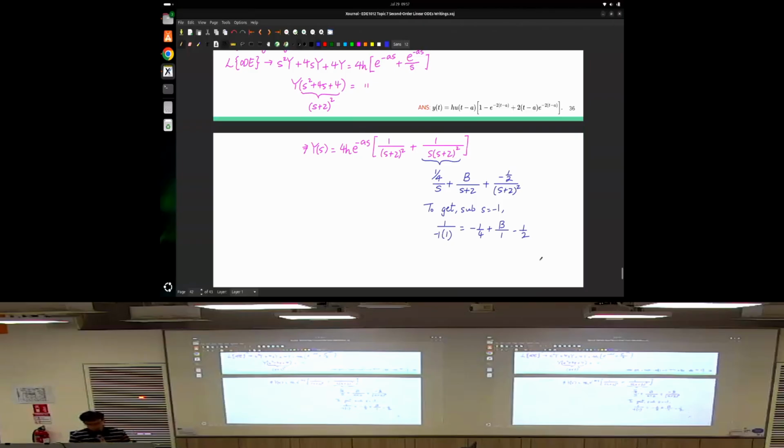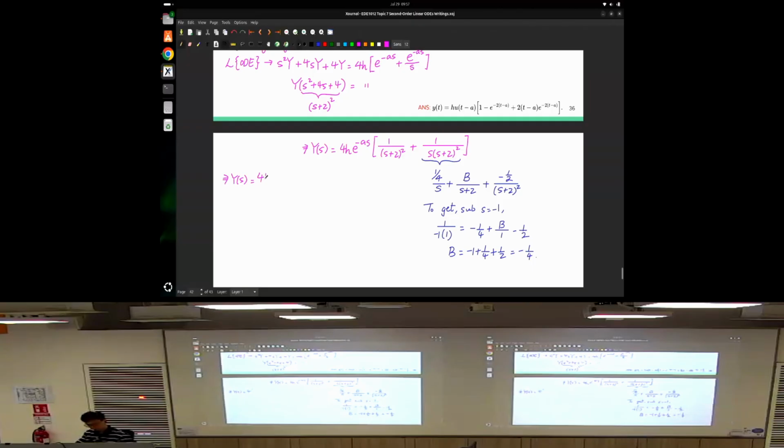Basically you can solve for b already. So b is going to be minus 1 plus 1/4 plus half. You can see that this is going to be minus 1/4. So we found b, and therefore the whole expression is defined.